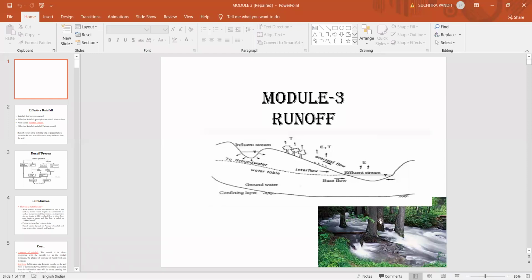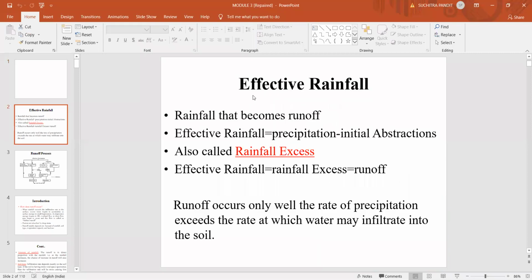So this figure clearly shows you how the overland flow occurs. Whenever a precipitation takes place, after all the initial losses, the remaining water flows over the land, which is known as the overland flow or the surface runoff. Now, let us define what is effective rainfall.